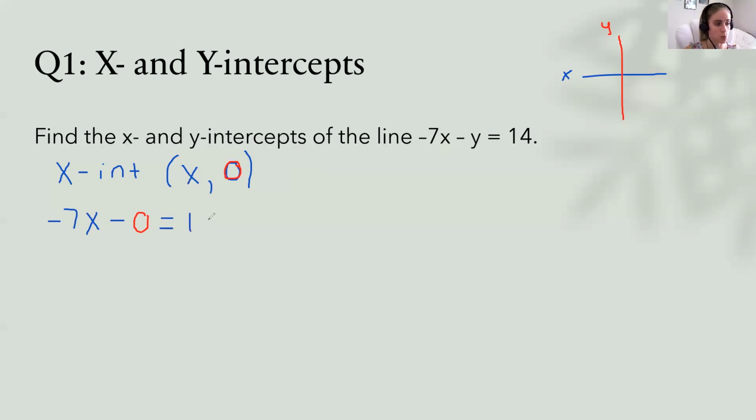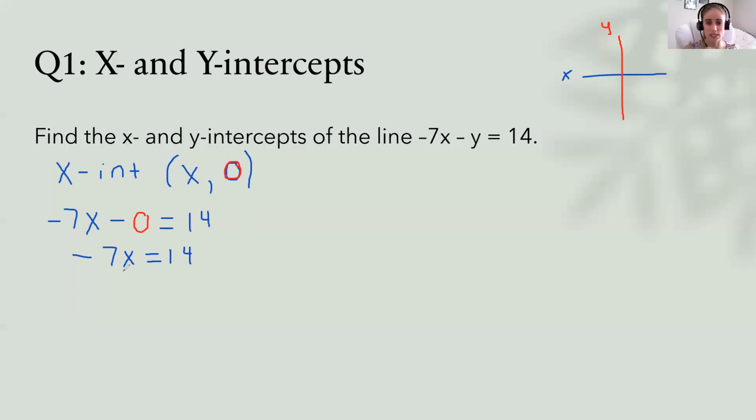Once that is done, we simplify and solve our equation like normal. So negative 7x minus 0, I don't really need to write that because if you subtract 0, it doesn't change it at all. Negative 7x equals 14.